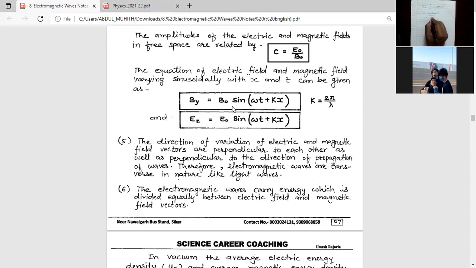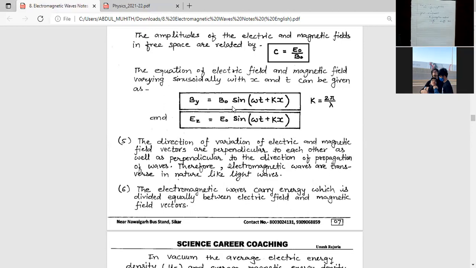Do you remember? Where k is the propagation constant, k equal to 2 pi by lambda, and omega equal to 2 pi by T, or omega equal to 2 pi nu. This is the formula for omega.